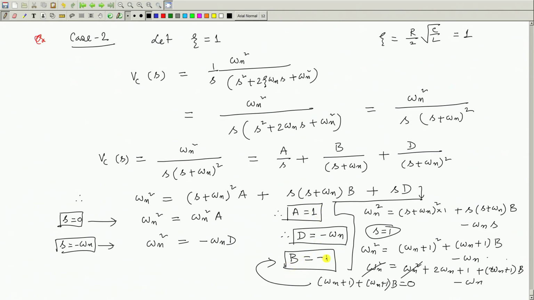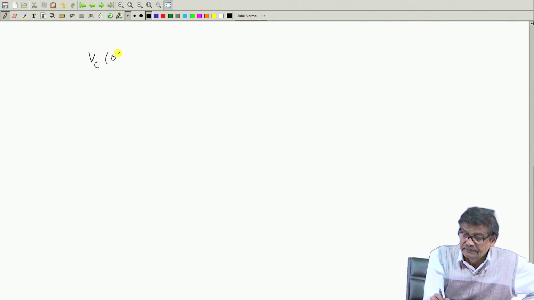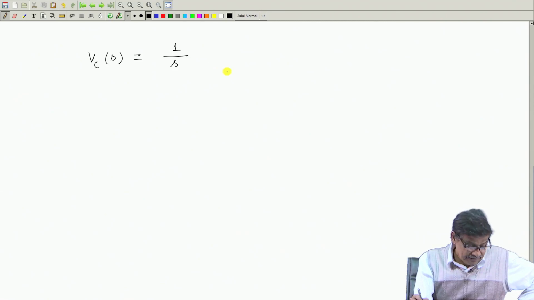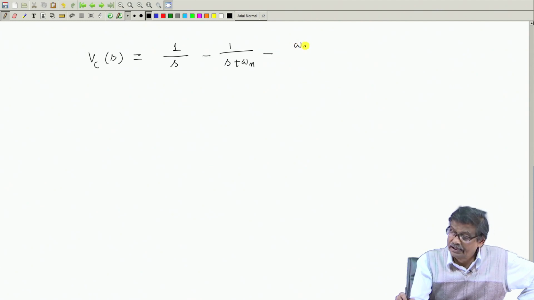Once I get this, under this condition, I will write that VC(s) is equal to A by s, A was 1, plus B by s plus, so B was minus 1, s plus omega n, and finally, D is equal to omega n by s plus omega n whole square.